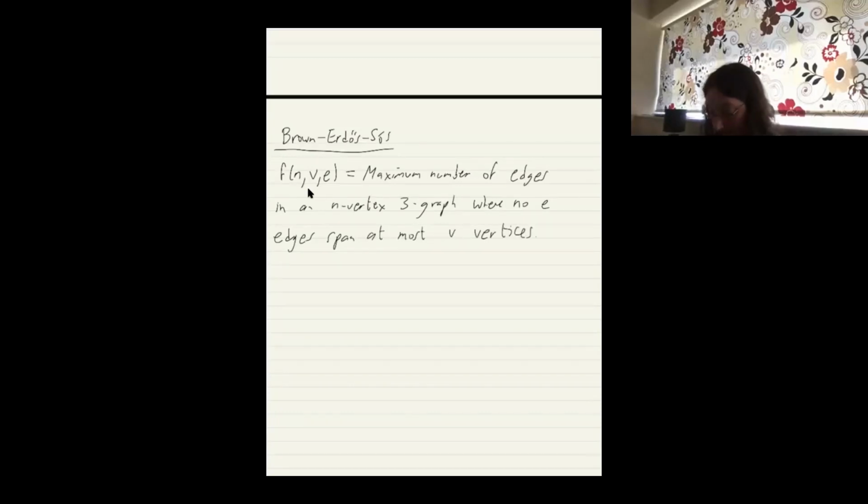So this extremal number of the two things I drew above, the thing where you have two edges sharing a pair and you have a triangle, is actually just the same thing as F_n(6,3), because we don't want 3 edges on at most 6 vertices.